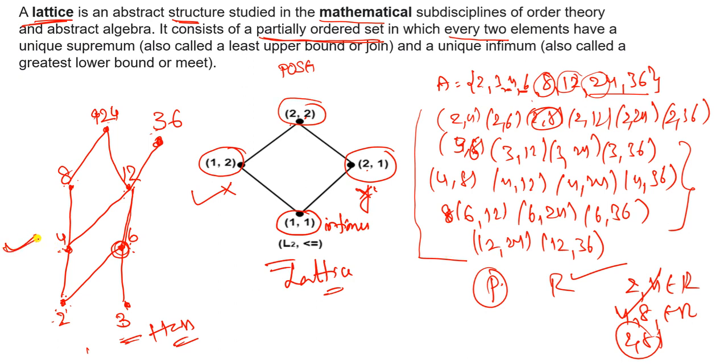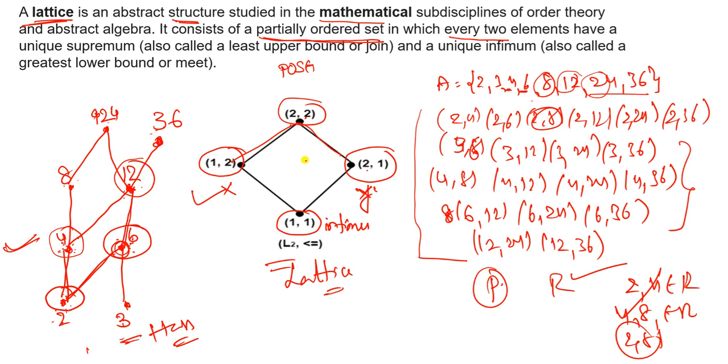Now check this diagram. Take the elements 4 and 6. What is the supremum? It is 12, because the upper bound of 4 and 6 is 12. Next, for 4 and 6, is there any lower bound, an infimum? Yes, 2, the common value.